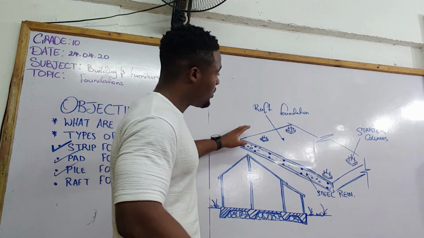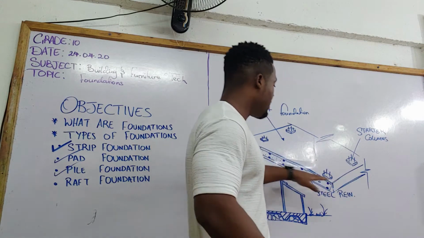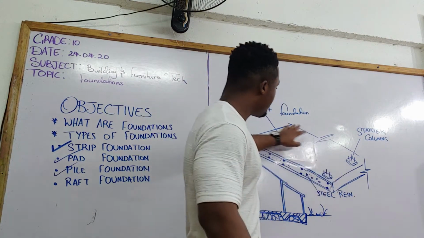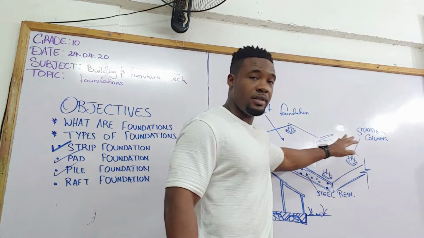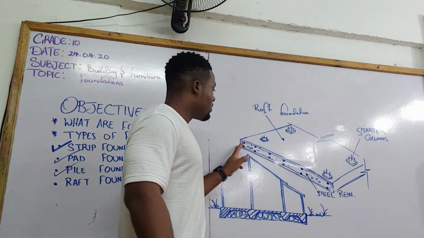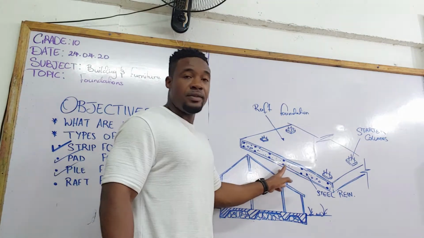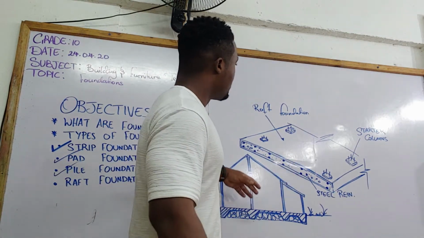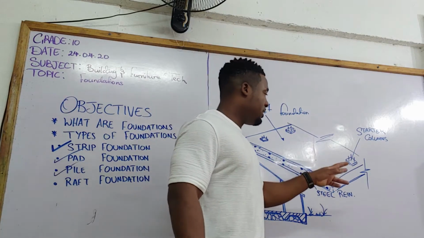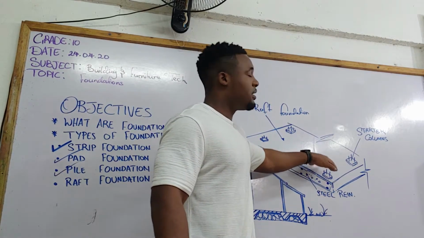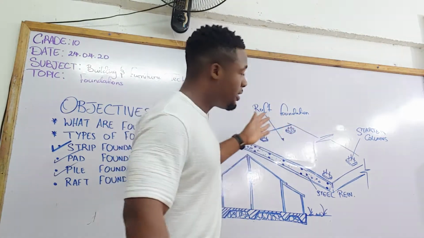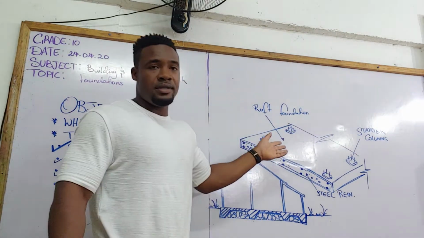If you look at this diagram right here, all of this member is considered the raft foundation, right? You design it using your various steel reinforcement bars, which goes without saying. And from your raft foundation, you can have your starter columns on which your building will be placed, or you can have your load bearing walls just the same.